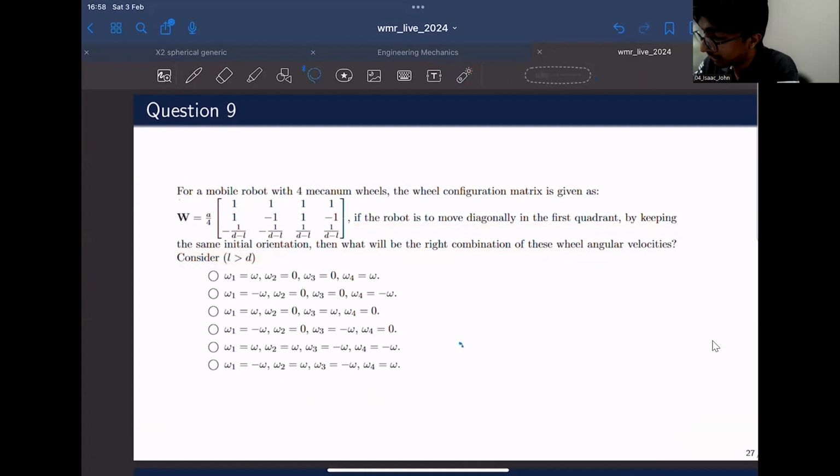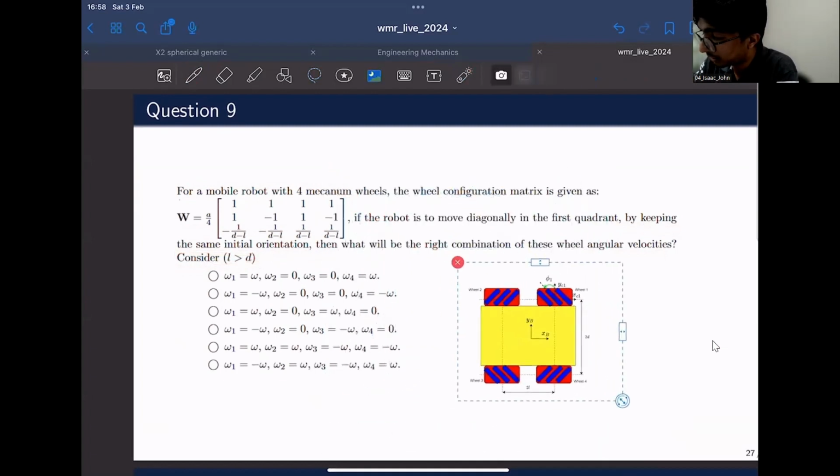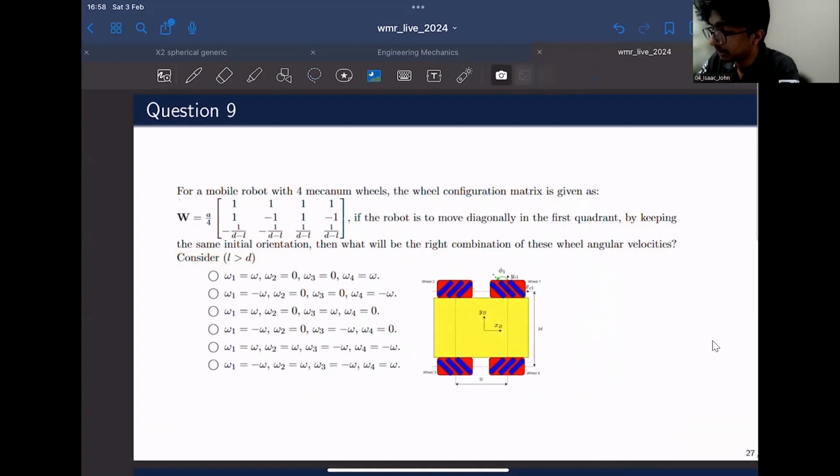So again, if I reproduce the mecanum wheel robot over here, and we want the mobile robot to move diagonally along the first quadrant, right? And by keeping the same orientation.